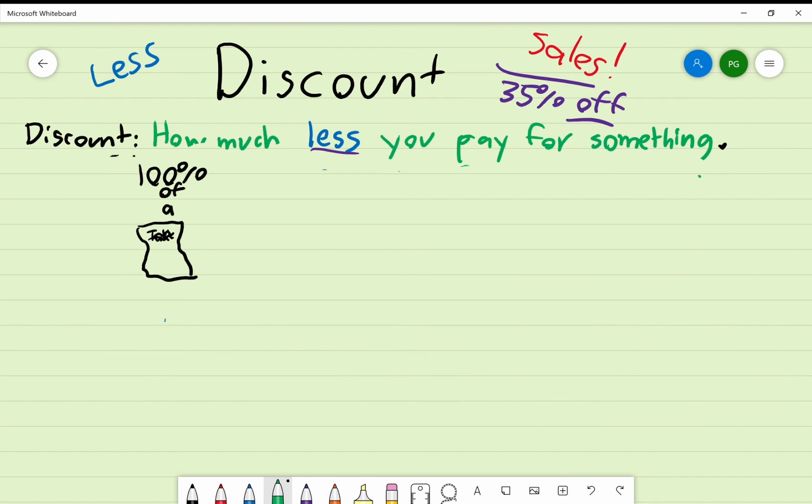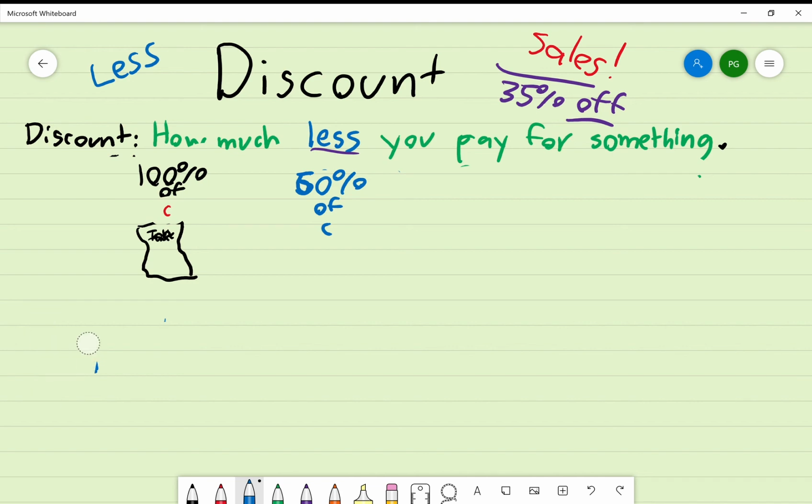So let's say 100% for a bag of Cheetos. Now Cheetos, that has a C for its variable. 100% of a bag of Cheetos, that's what it normally costs. But they're on sale for 50% off. That's the sale price. Yeah? No, not 50. Let's say it's 60% off. It's even cheaper.